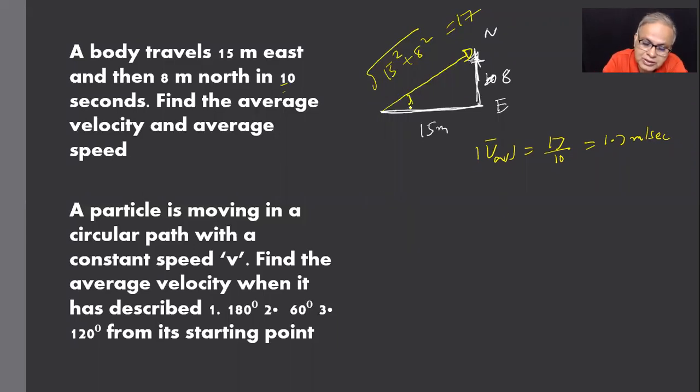So call this alpha. Tan alpha equals 8 by 15. This is a pure geometrical way, right? But i j k form also we can mention.